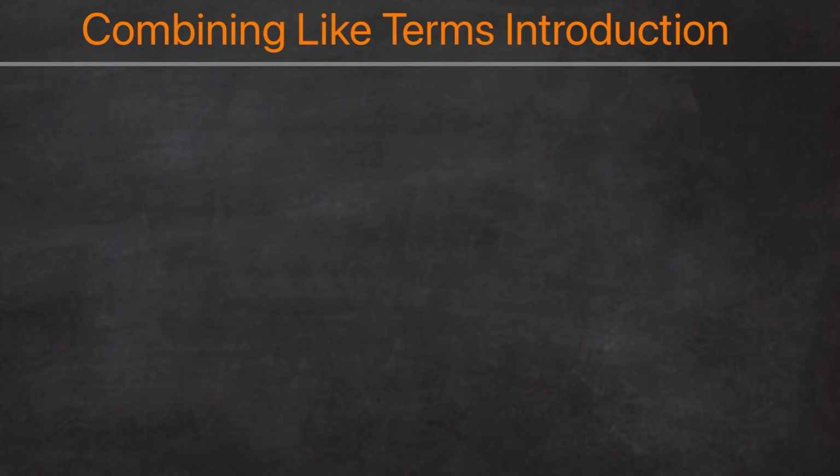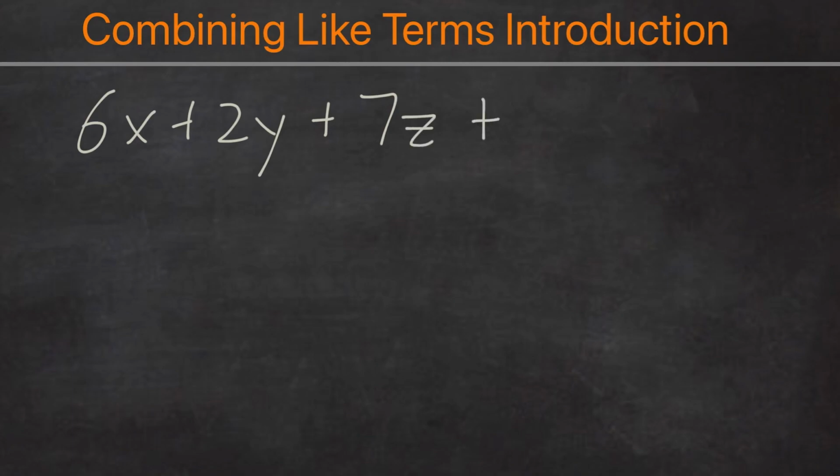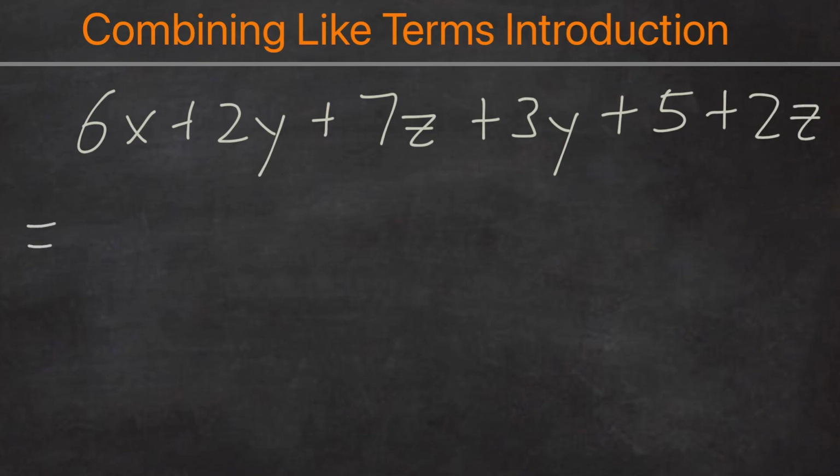And here is our next example. 6x plus 2y plus 7z plus 3y plus 5 plus 2z. What would that equal to? Just like our previous example with the cats and dogs, we have different variables symbolizing different things and they are not exactly the same.